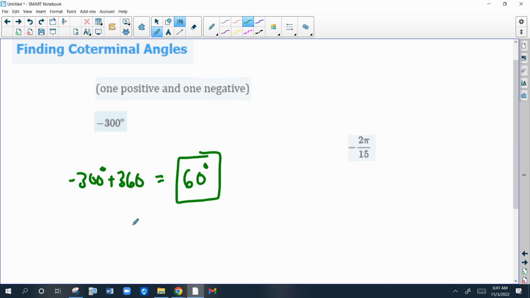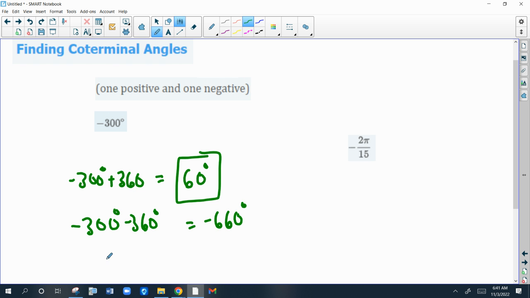To find a negative coterminal angle, just subtract 360 from it, and that would be negative 660. That's coterminal. That's it. We've answered the question, but you can keep on going. If you want, you can do multiples of 360.